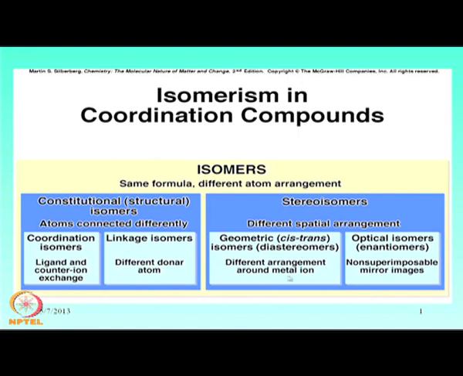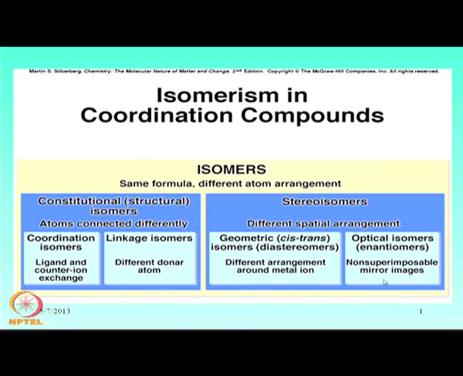So, the different arrangement around the metal ions will lead to geometric isomerism, and in case of optical isomers we can develop the corresponding enantiomers, and these enantiomers can show different optical activity due to the non-superimposable nature of the mirror images of the complexes.